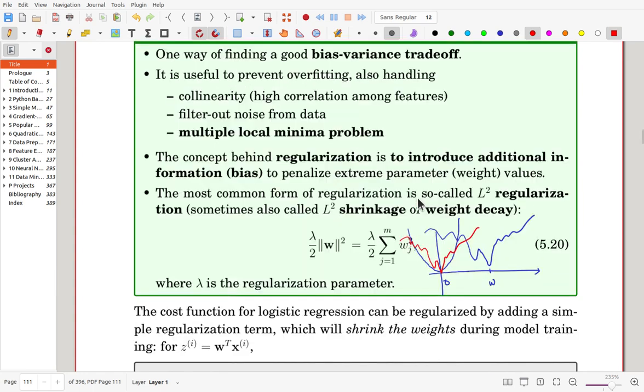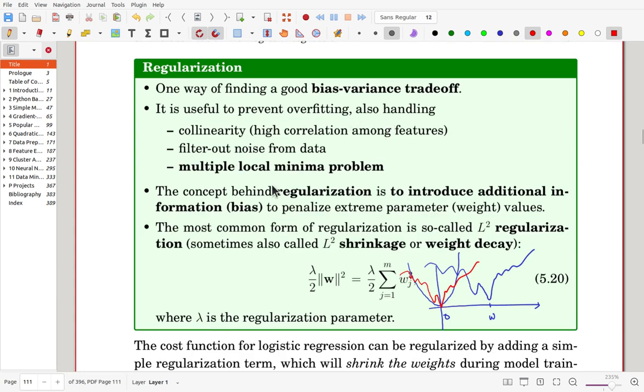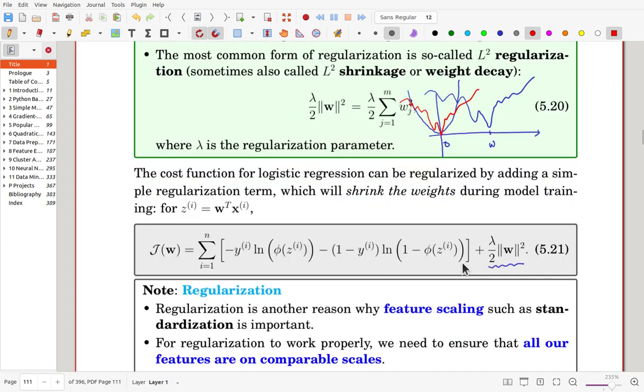For this reason, it can handle to some degree the multiple local minima problem by adding this extra term.